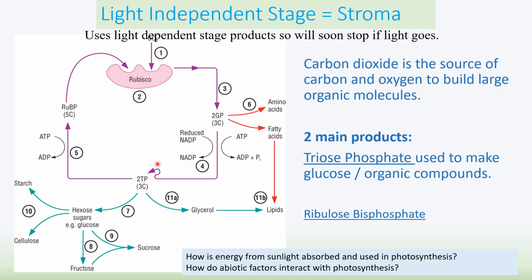But most of the time the TP is actually just regenerated using energy, again from the light-dependent stage, back into ribulose bisphosphate, and the cycle goes round again. In terms of products, the two main products are triose phosphate, which is used to make glucose, and more ribulose bisphosphate. But some of the GP is also converted into amino acids and fatty acids.